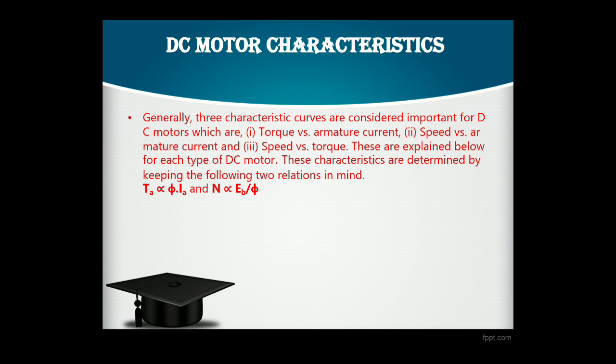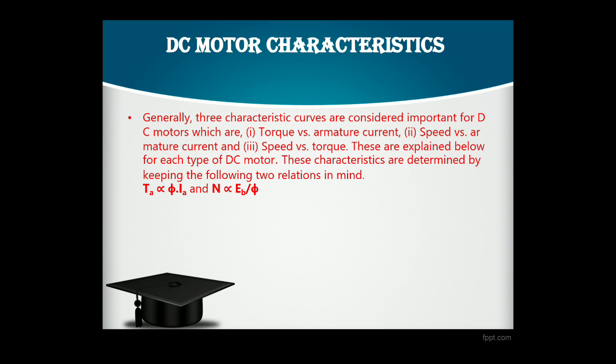These characteristics are determined by keeping the following two relations. Number one, the torque equation: TA, the armature torque, is proportional to phi into Ia. Phi is the magnetic flux in the DC motor and Ia is the armature current. Another one is N proportional to EB by phi.